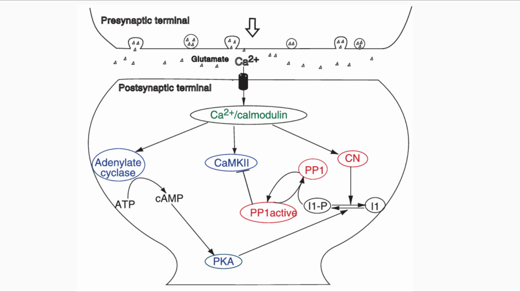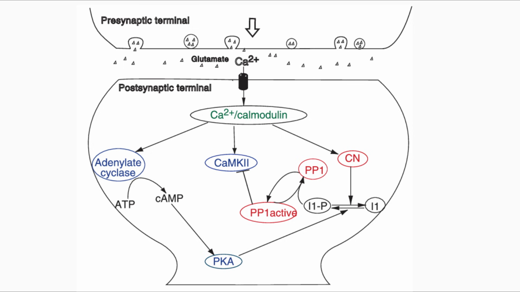Now, this means that calcium entry through NMDA receptors is limited enough to activate calcineurin, which has a high affinity for calcium or CaM, and can be activated by lower calcium levels, but not enough to strongly activate CAMK2, which requires higher calcium transients and stays active when autophosphorylated by large calcium events.